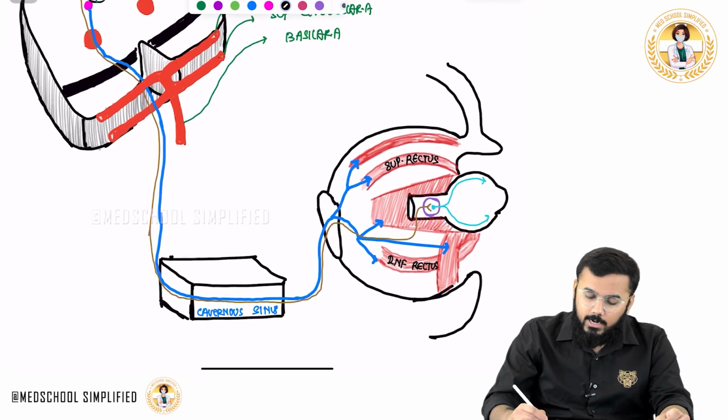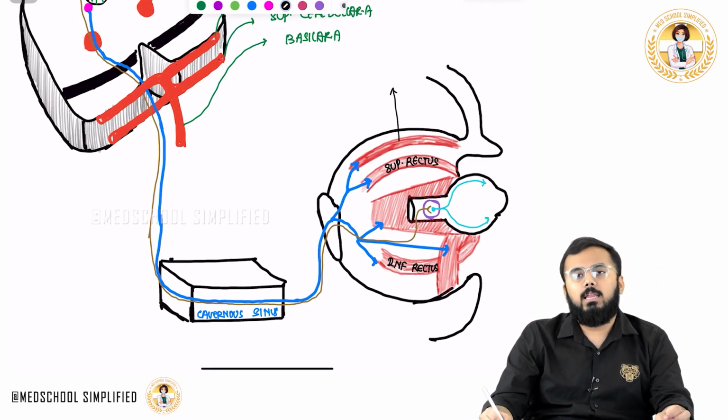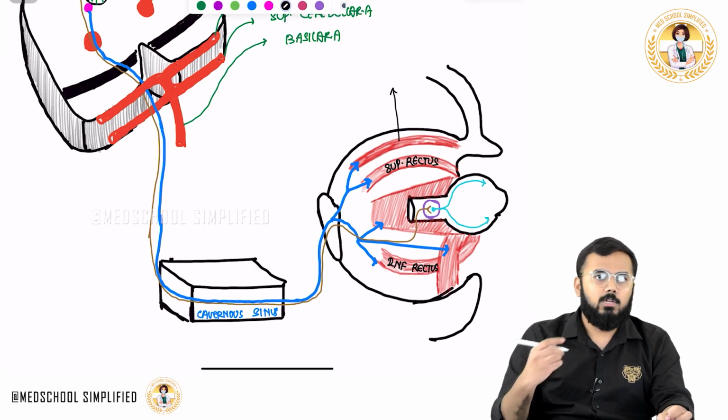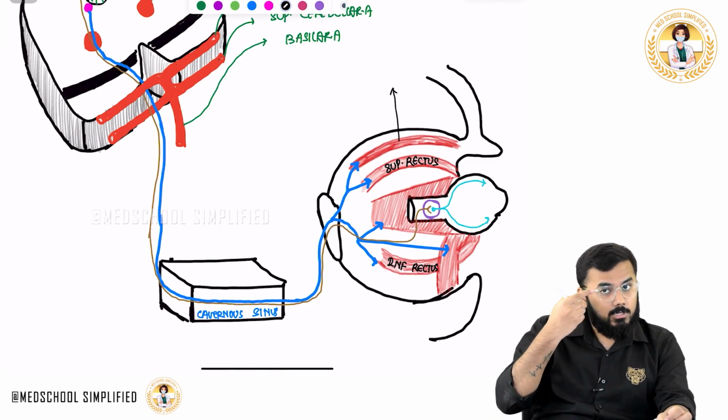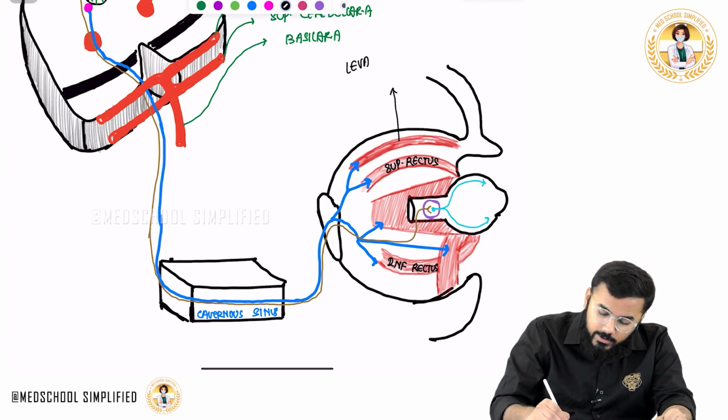Next, this particular muscle is called levator palpebrae superioris, which is present on the upper eyelid and is responsible for raising the eyelid, to open the eyes.